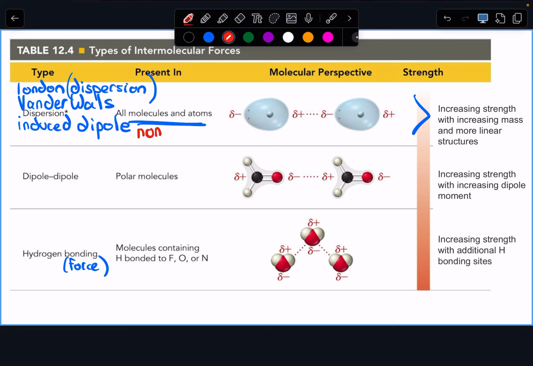So if the molecule is nonpolar, they only have these dispersion forces. Polar molecules would have dispersion forces as well as dipole-dipole forces. Don't worry, we're going to get into what each one of these are and why they're stronger than the other.